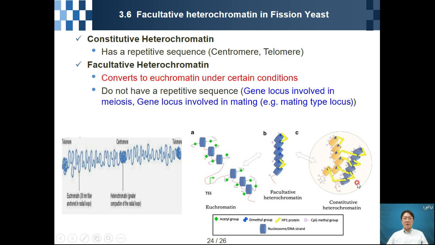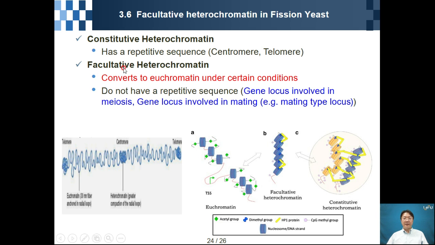This one has repeated sequences, and we can always observe the constitutive heterochromatin in the centromere region and telomere region. And also, usually in these regions, we already see that RNAi-mediated heterochromatin formation happens, in the centromere and telomere region.